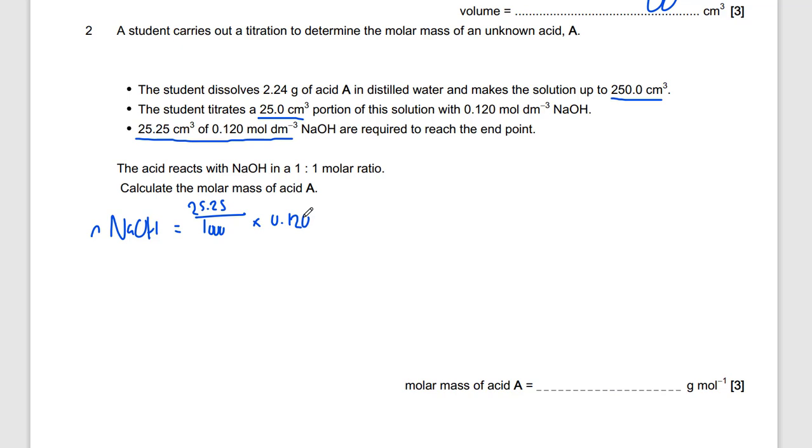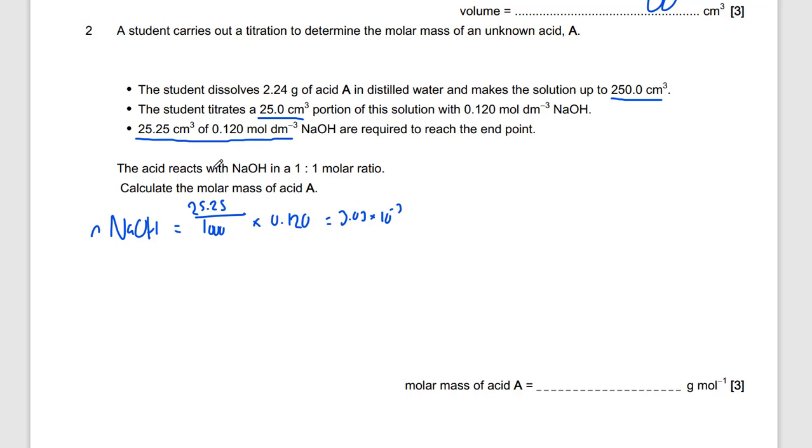Basically identical to the last question, even though it's got a different context entirely. It equals 3.03 times 10 to the minus 3. Nice and straightforward. That's the number of moles of NaOH.